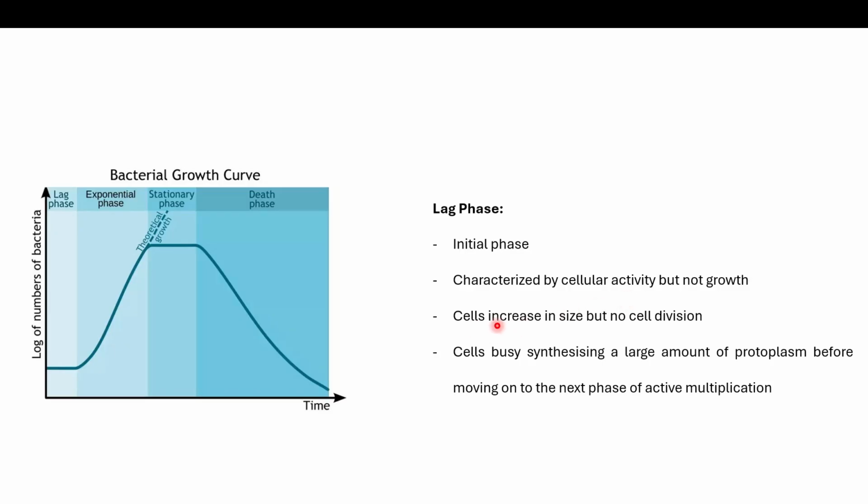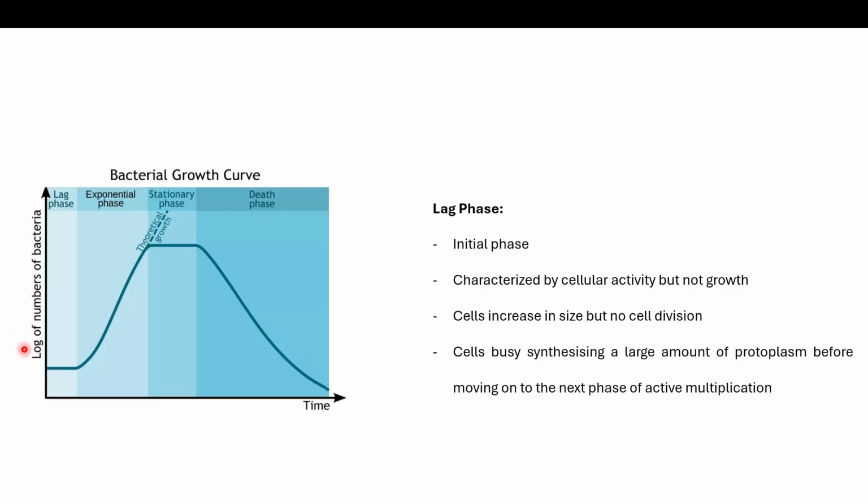Cells are increasing in size, definitely, because they are preparing themselves for final division. They have to replicate their DNA and prepare all those enzymes, factors, etc. But there's no actual cell division taking place, and cells are busy synthesizing a large amount of protoplasm before moving on to the next phase of active multiplication.